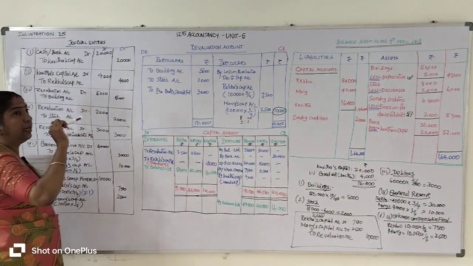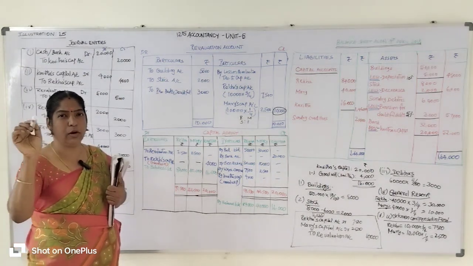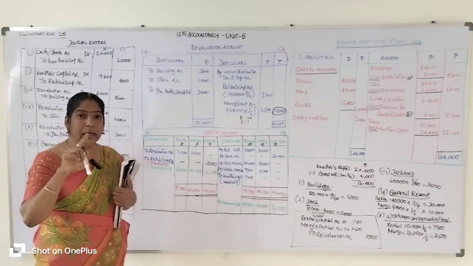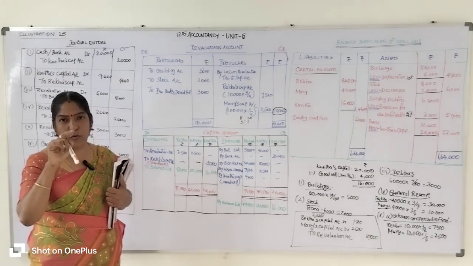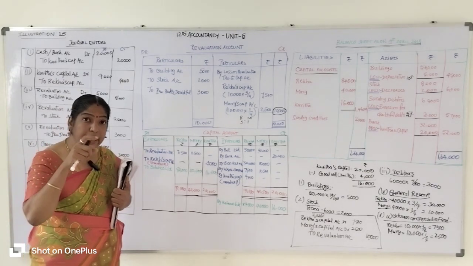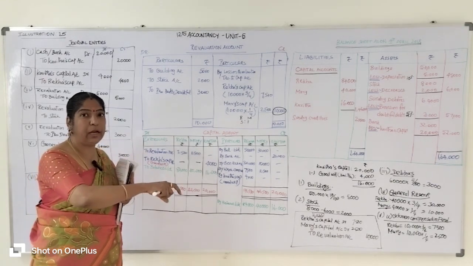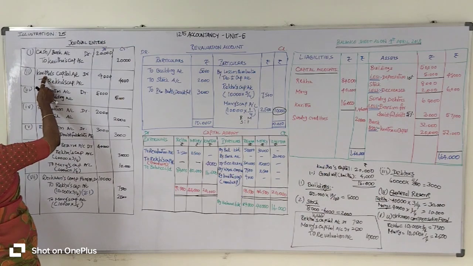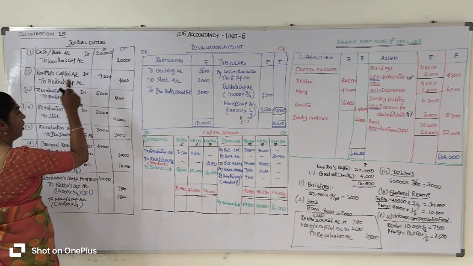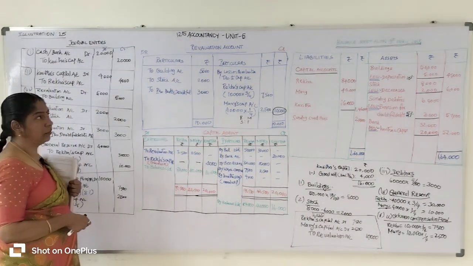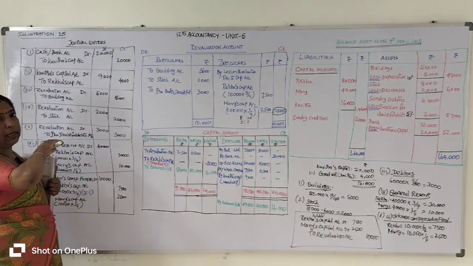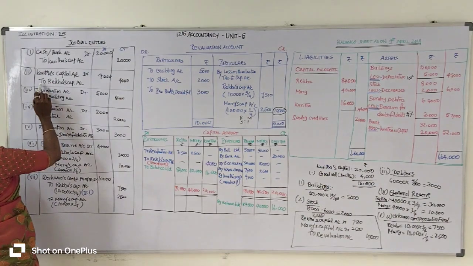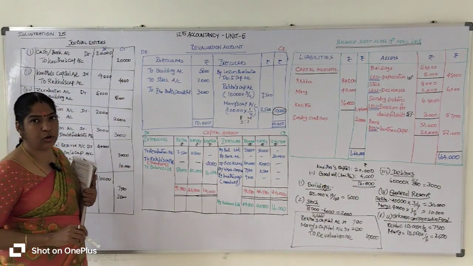Why didn't we write goodwill account debit to Rekha's capital account? Because the new partner Kavita didn't contribute her share of goodwill 4,000 rupees. We only took that 4,000 rupees from Kavita's capital account, so we write Kavita's capital account debit 4,000 rupees. Immediately it is transferred to the old partner Rekha's capital, so we write to Rekha's capital account 4,000 rupees.